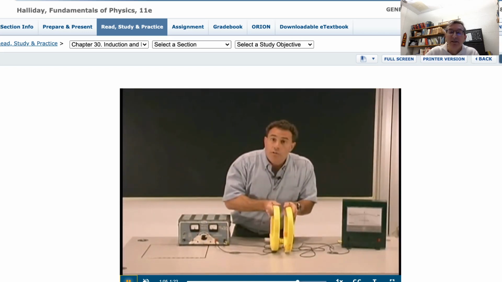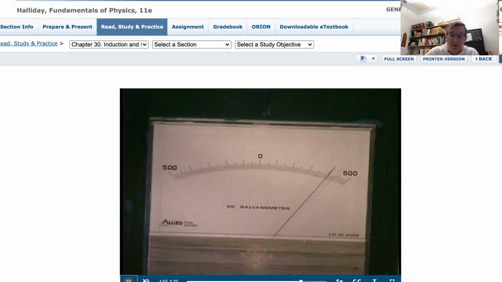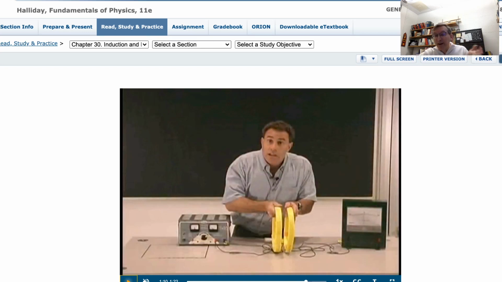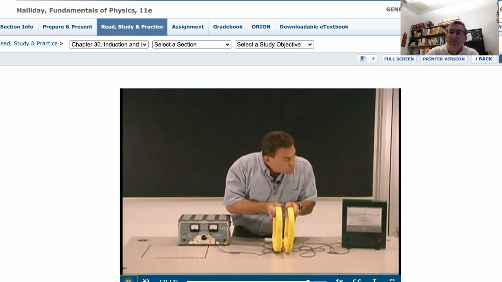And when he's moving the second coil, he gets a current in the first. Because the second coil, which has regular current in it, creates magnetic field, and when he moves that second coil closer or farther from the first, he's changing the magnetic flux through the first coil. And when you change the magnetic flux through that coil, you get what's called an induced EMF in that coil, and that's what gives you the current. He has to be changing the magnetic flux through the first coil.